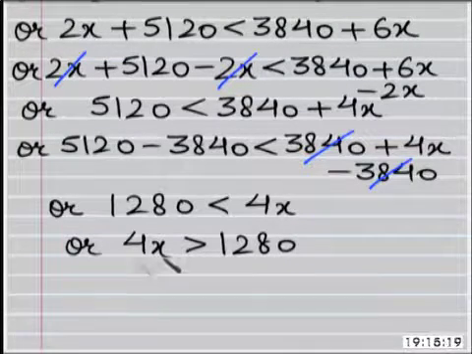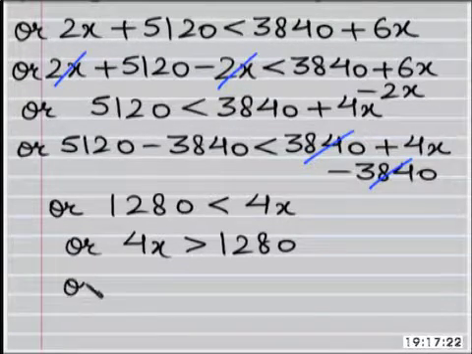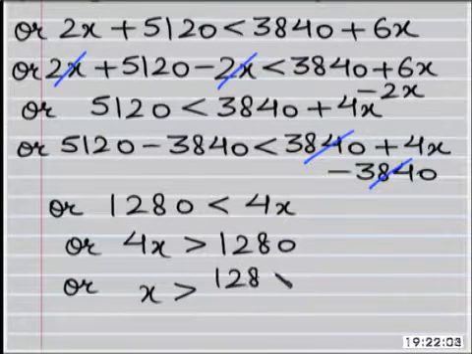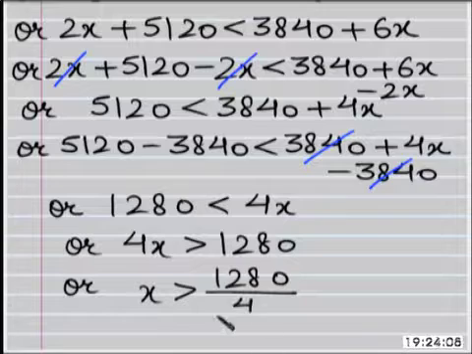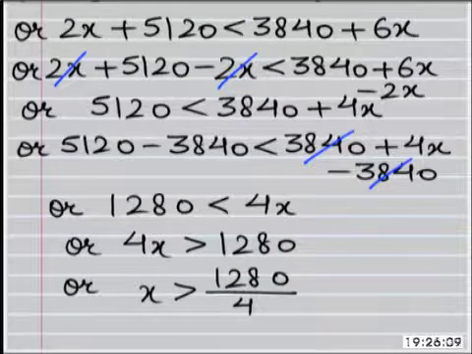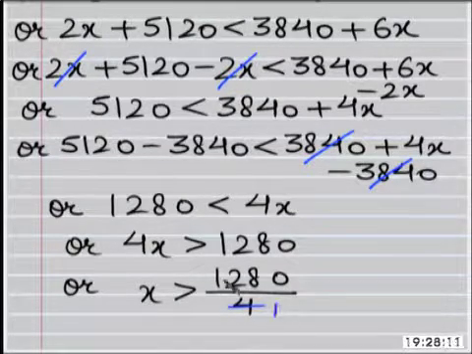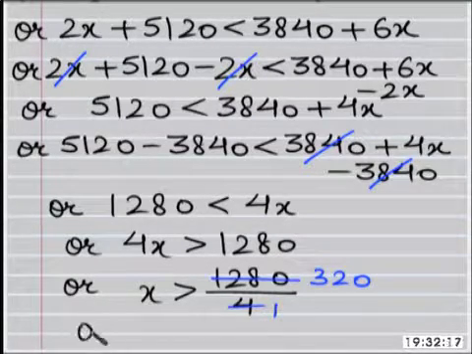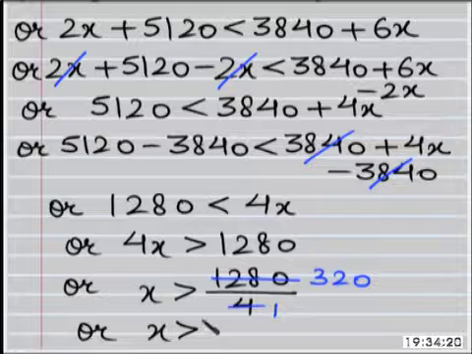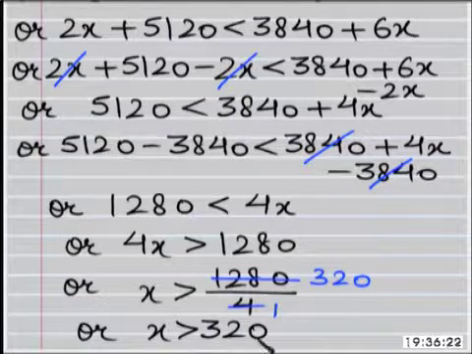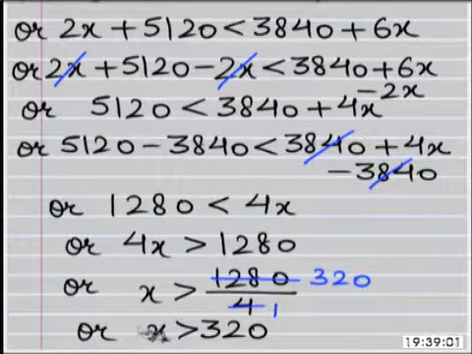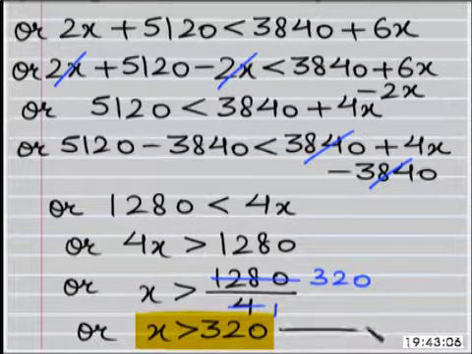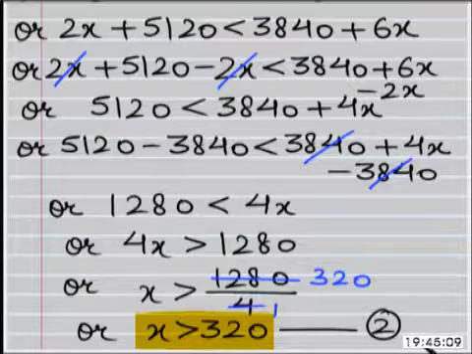Dividing both sides by 4, we get x is greater than 1280 divided by 4, which on solving we get x is greater than 320. We name this as equation number 2.